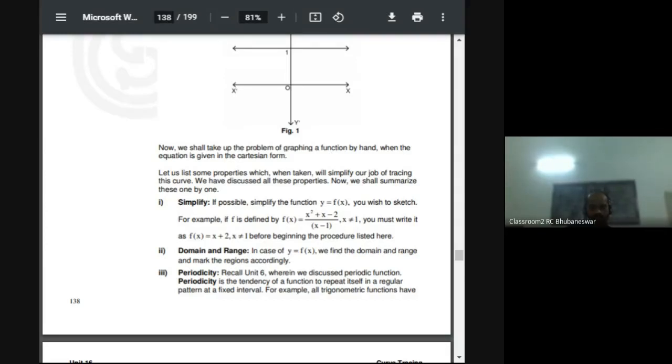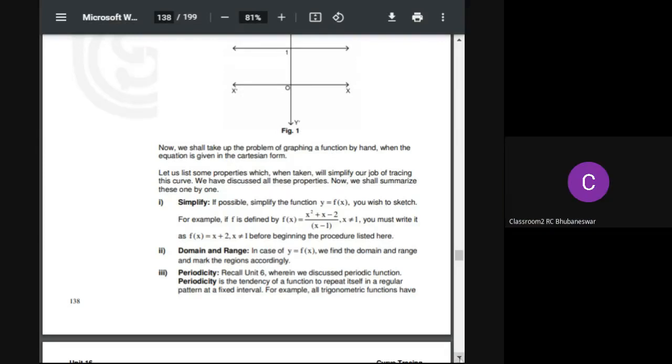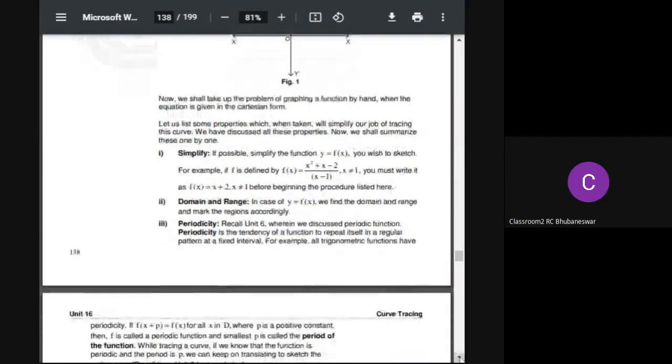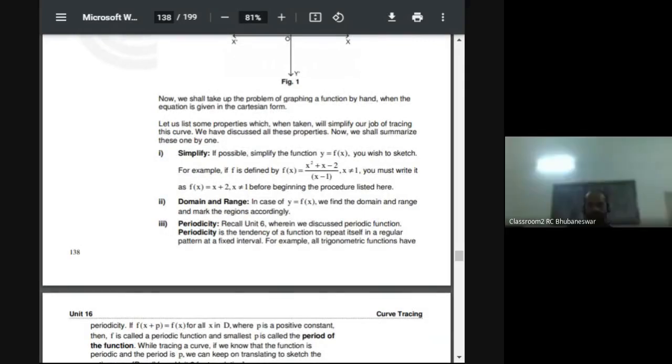If possible, we have to simplify the given function. Now, after simplification, we end up in the xy plane or coordinate plane.